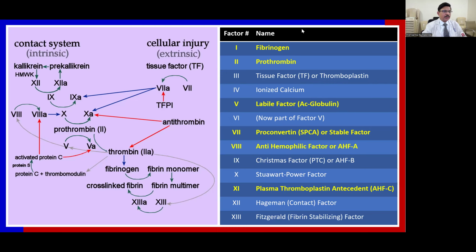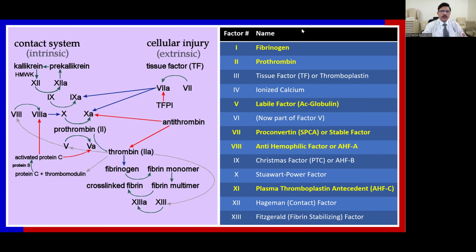For that, tissue factor is required, ionized calcium is required, labile factor called AC globulin is required, factor 5, and there is no factor 6 today. They used to think that there is another factor, labile factor separate from AC globulin. Now factor 5, also called factor 5 Leiden. You will be seeing several reports, factor 5 Leiden. Factor 5 Leiden is called the labile factor, whereas tissue factor is a constant factor.